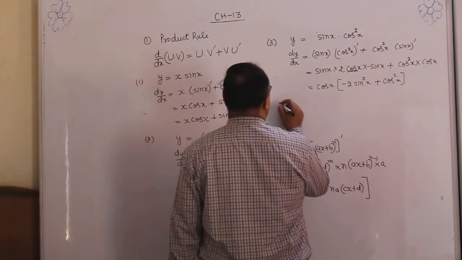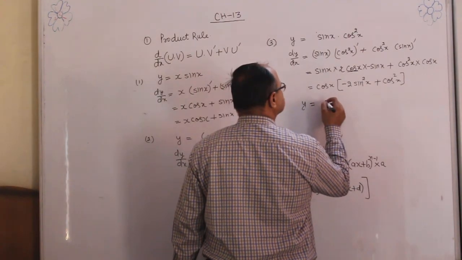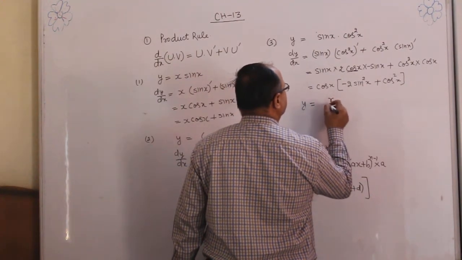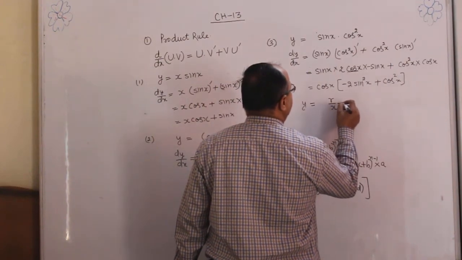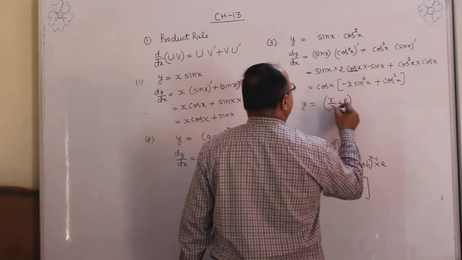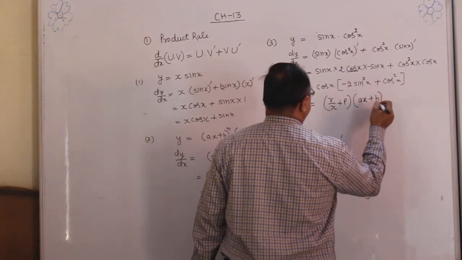Next, one more example. y is equal to (r by x plus p) into (ax plus b).